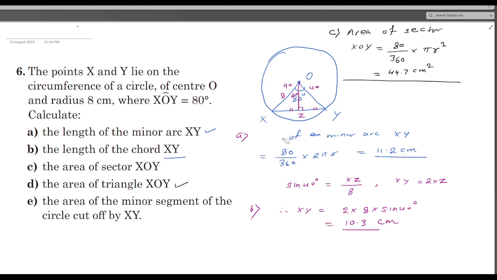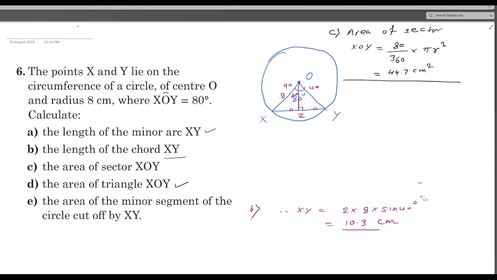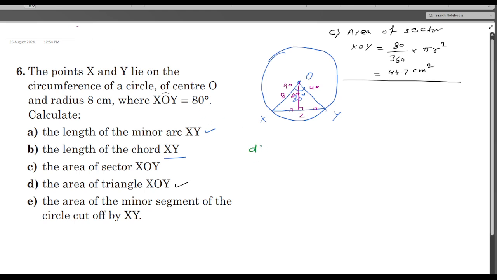Let me remove this answer for A and B. And for question D, area is half times a b into sine C, that is 8 times sine of 80 degree at the center. So two sides and angle between them. So our two sides will be 8. So it is half times 8 times 8 times sine of 80 degree.